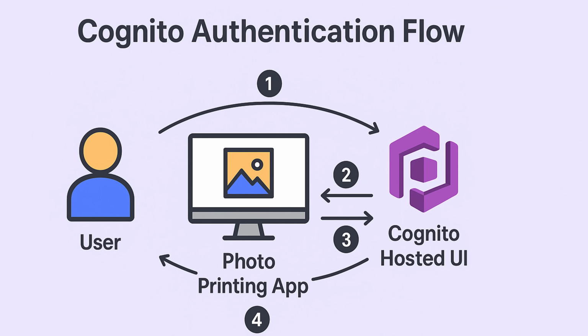When the user clicks Sign In, you redirect them to the hosted UI. They enter their username and password, and Cognito redirects back to your app with a code. You exchange that code for tokens, an ID token, an access token, and a refresh token. Typically, I decode the ID token, create a session for the user, drop a secure cookie, and handle authentication via sessions.